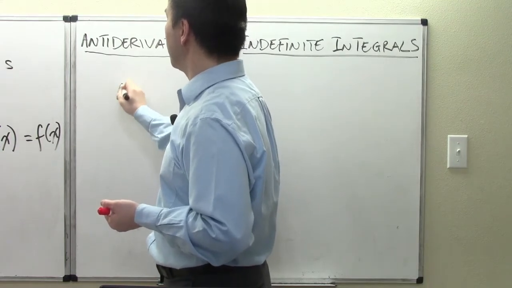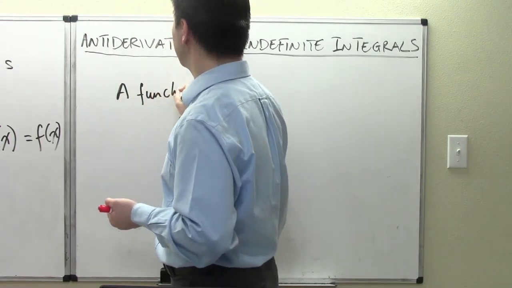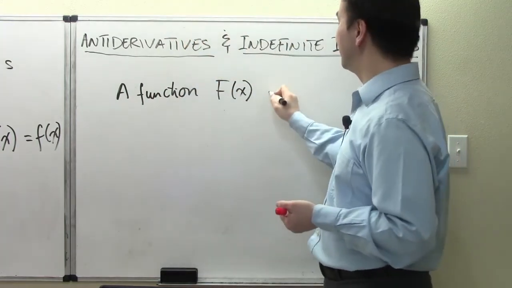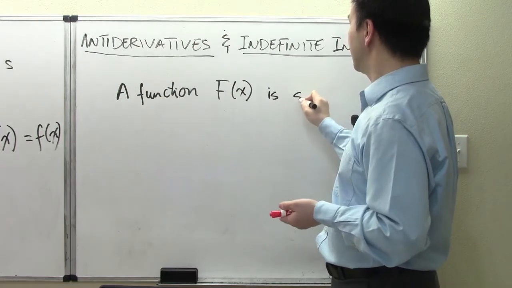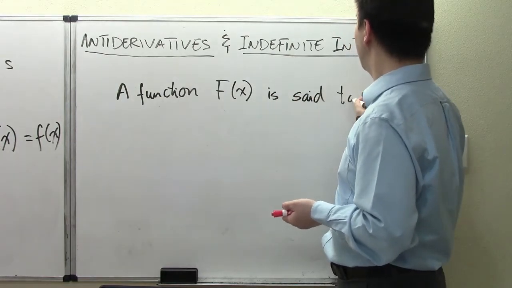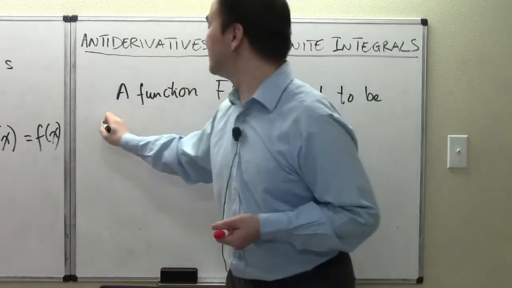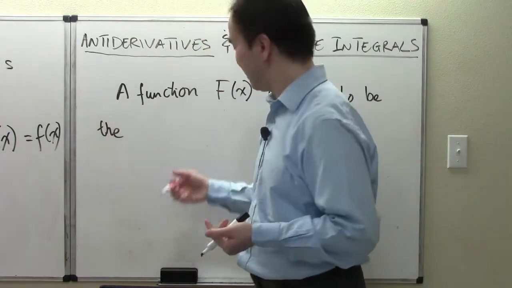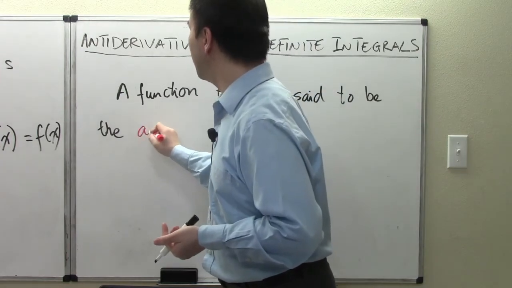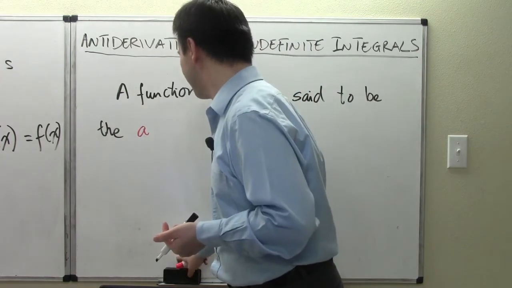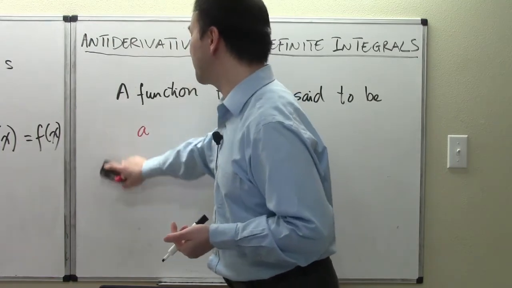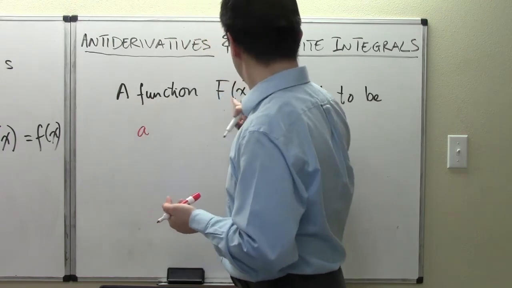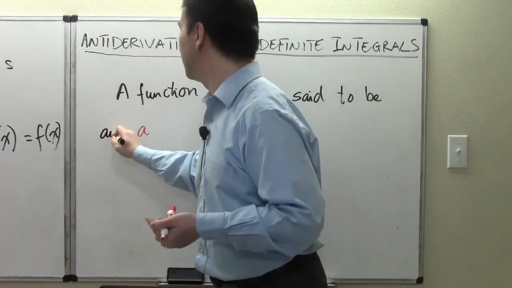A function capital F of x is said to be, now I'm going to switch quickly to red ink, an antiderivative.